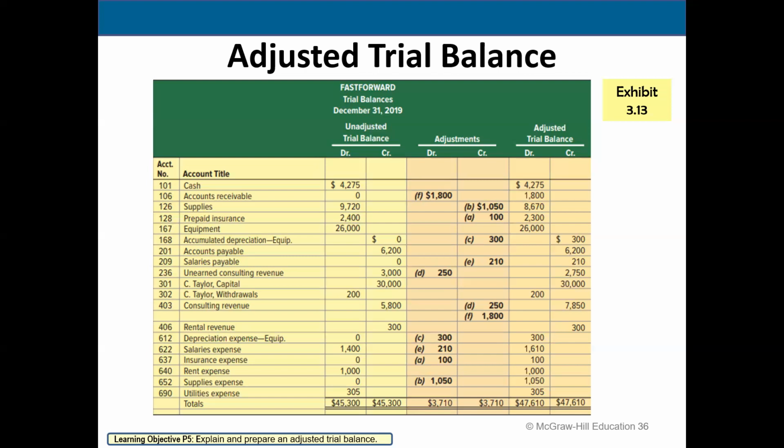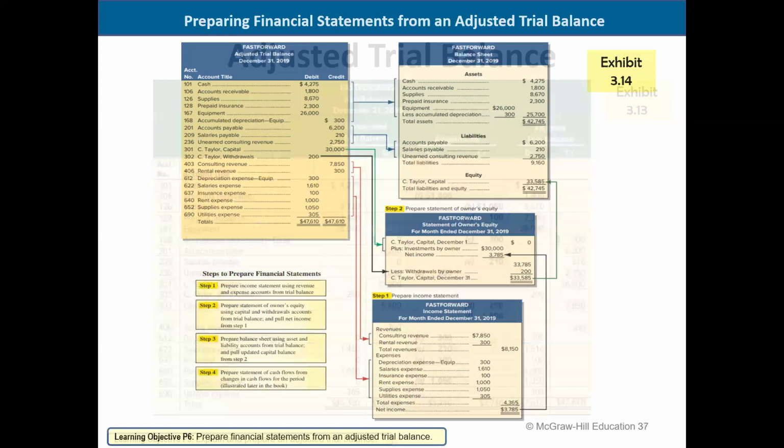Remember, when we make our financial statements, the first one we'll do is the income statement. So we'll do our revenues minus our expenses. And then we'll do our statement of owner's equity, which will have the information off of our trial balance in the investments, plus the net income, which came off of our income statement, minus the withdrawals, which again, we got from our adjusted trial balance, gives us our new capital at the end of the month.